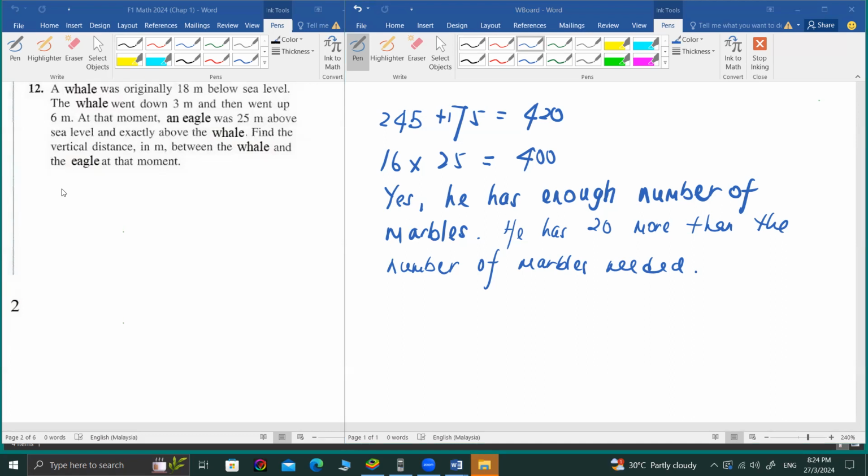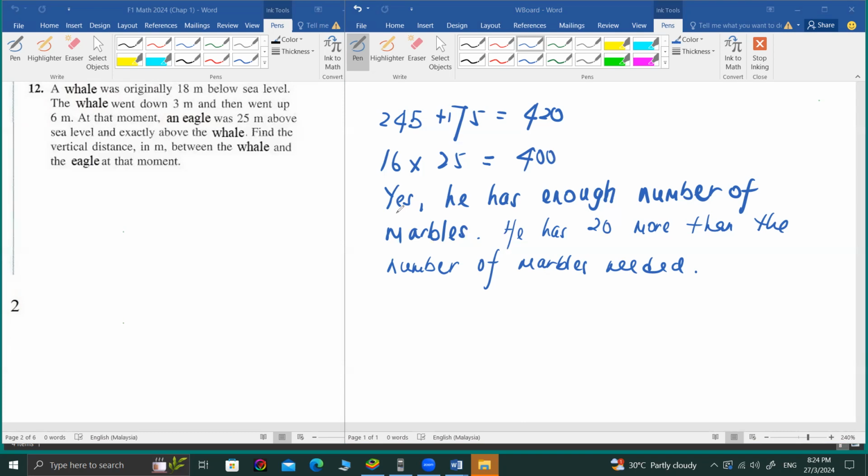He does have enough marbles to put into 16 bottles with 20 marbles remaining.